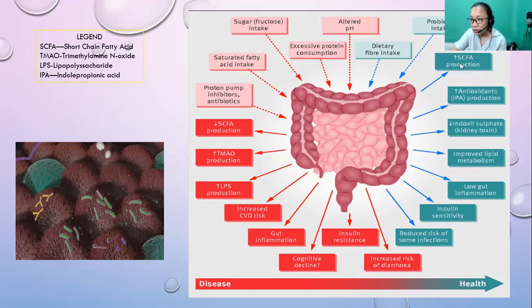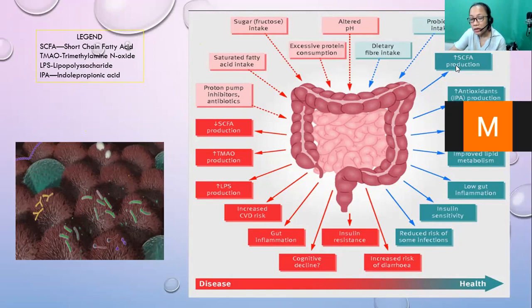So if we also increase our intake of short chain fatty acids, or actually this is the result of providing good fibers and increasing the good bacteria in the gut, because the product of their metabolism is short chain fatty acids. Short chain fatty acids are very good, because these are substances that support brain health.